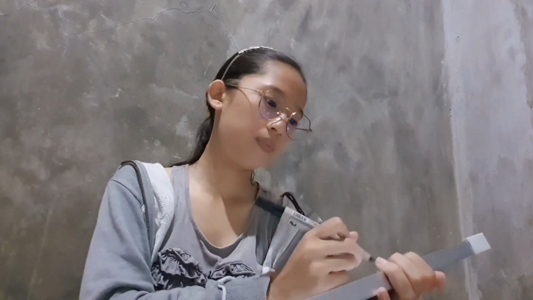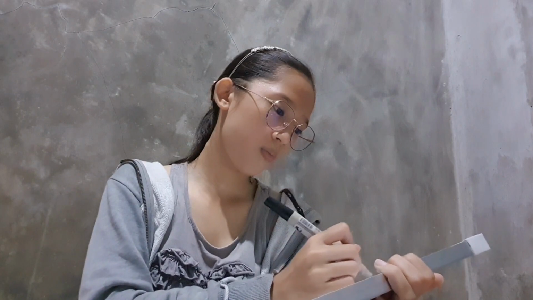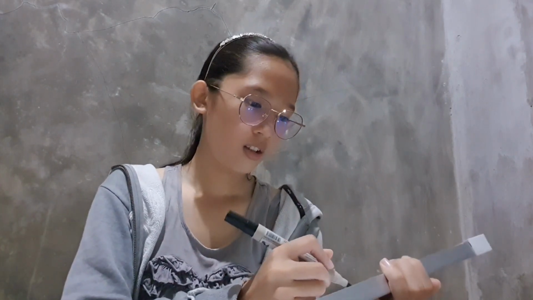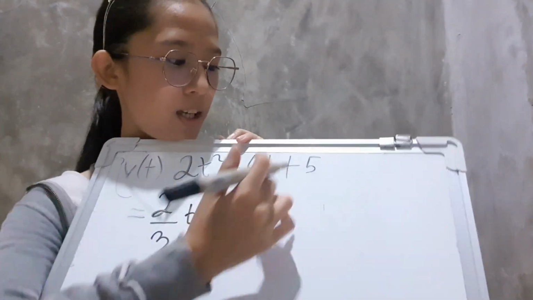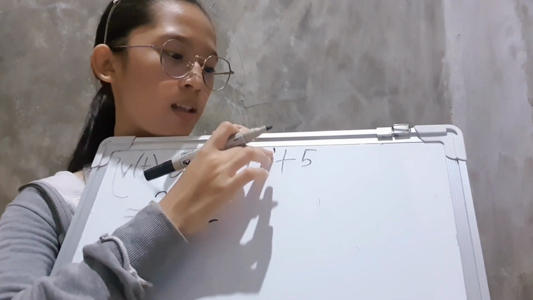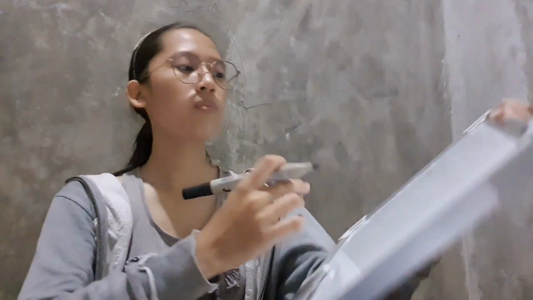So now that we have found the antiderivative of our first term, let's copy that. It's going to be 2/3 t cubed minus. Now let's find the antiderivative of our 4t. This basically has an exponent of 1.